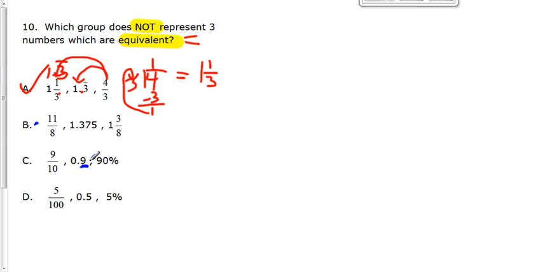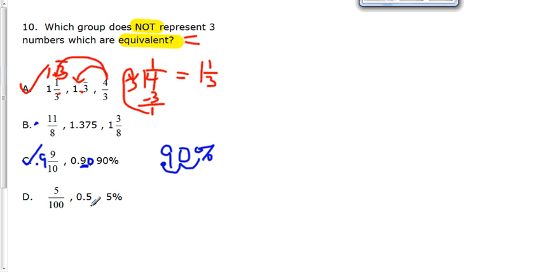That's in the tenths spot, the same as 9/10. Then I need to look at that third spot, 90%, and change that to a decimal. I'll walk away 2 places: 1, 2, and it would become 0.90. Same thing if I were to add a 0 there, 0.90. Same thing, 0.9. Everything in C is a match, so C is A-OK.